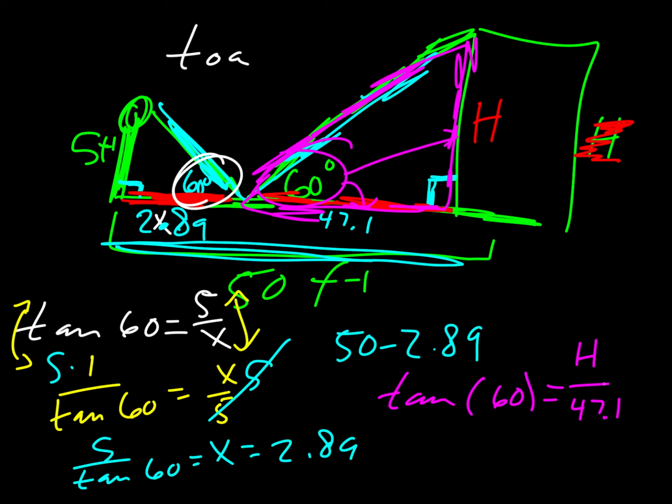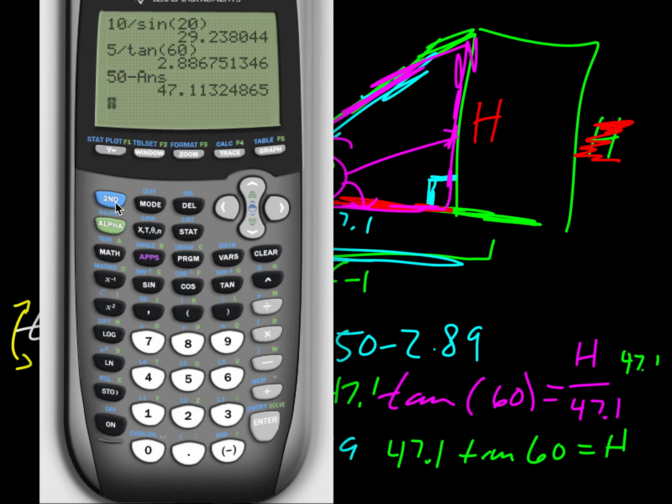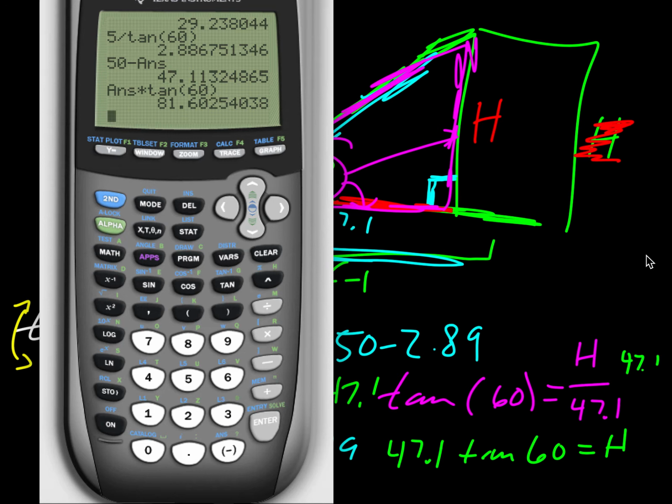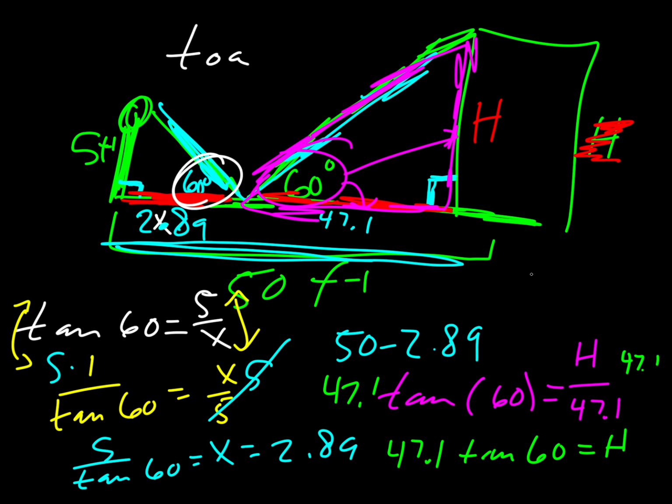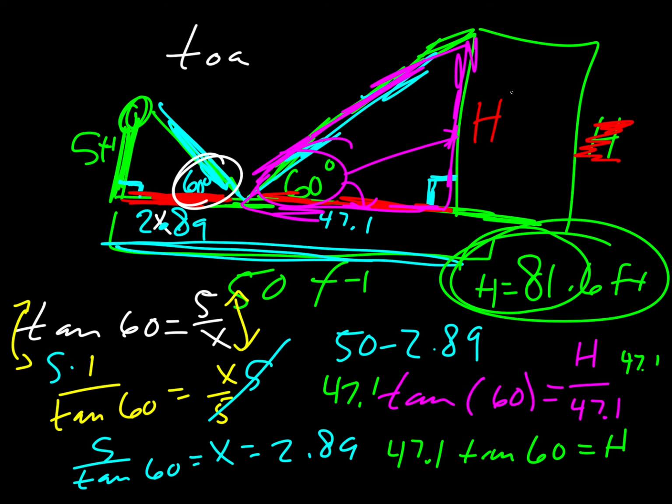The algebra is a little bit easier on this one. We just multiply by 47.1 on both sides. So we have 47.1 tan 60 equals the height of the building. We take our last answer times tangent 60, and the height of the building, our final answer, is 81.6 feet.